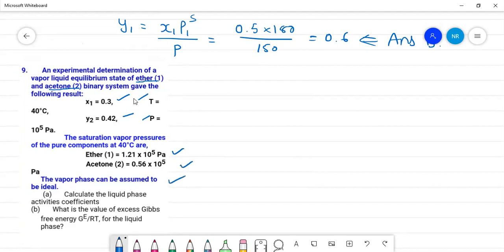Vapor phase assumed to be ideal. Calculate liquid phase activity coefficient. Gamma 1 we have to calculate. So gamma 1 and gamma 2 both we have to calculate.